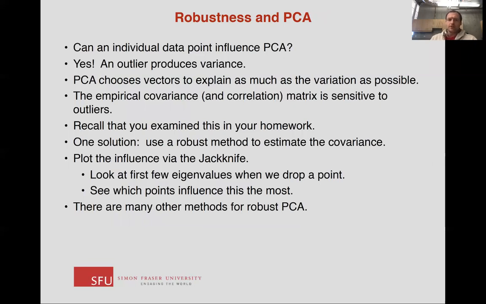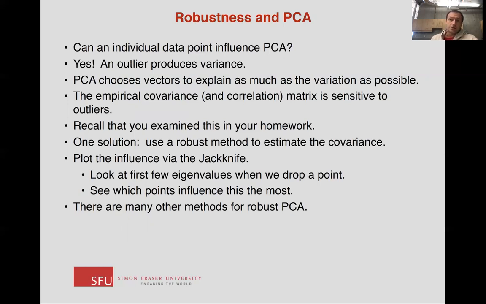So in PCA, we choose vectors to explain as much of the variation as possible. And we know that our empirical covariance or correlation matrix is sensitive to outliers. So in fact, you looked at this in your homework earlier in the term. So one thing we could do is use a robust method to estimate the covariance, and many of these methods exist.